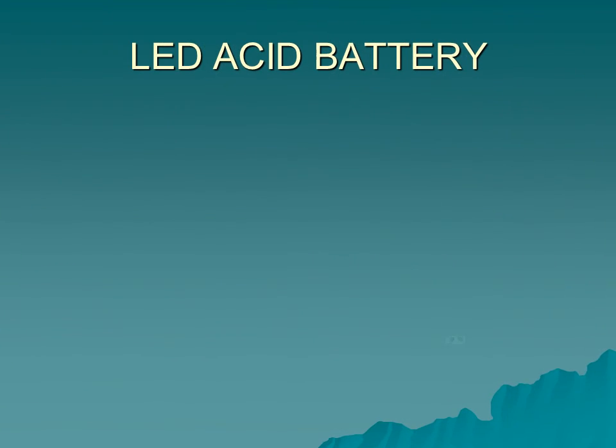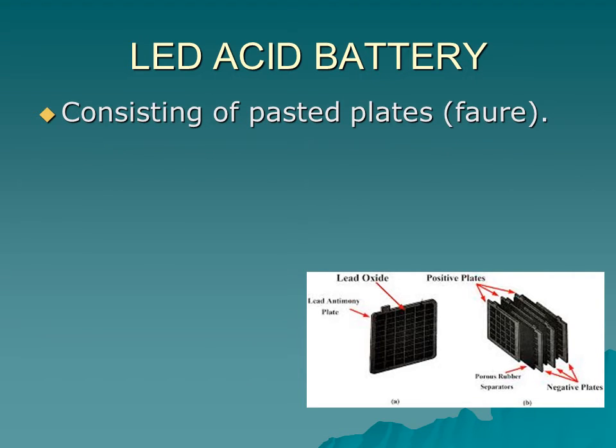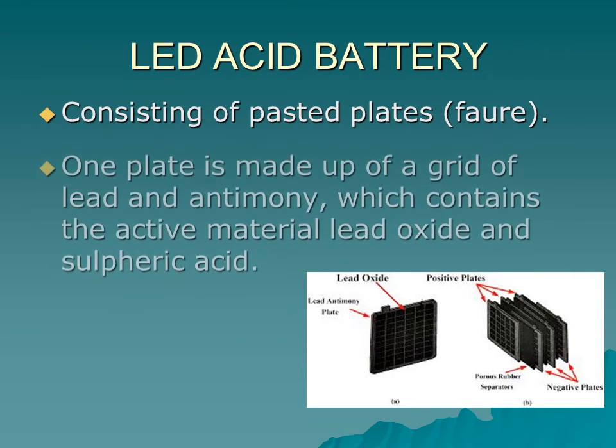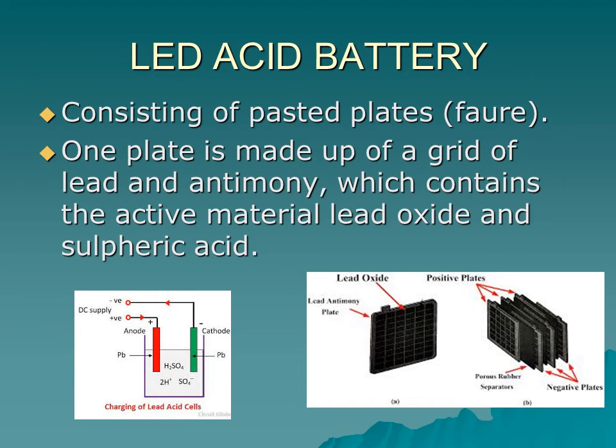Lead acid battery, consisting of pasted plates called Faure plates. One plate is made up of a grid of lead and antimony, which contains the active material lead oxide and sulfuric acid. This negative plate, called the cathode, is placed together with the anode or the positive in a solution of sulfuric acid as the electrolyte.